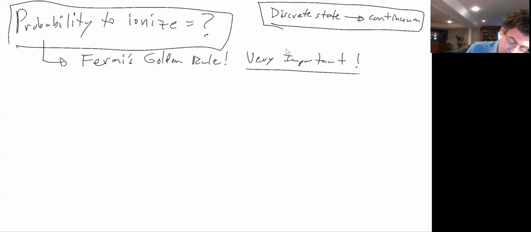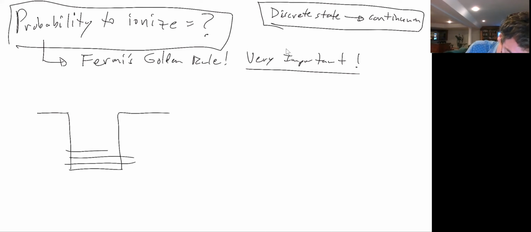And the whole point that makes it really important is that we're down here in that discrete state. Our initial state is down there, K. And we go up and we want to know the probability to get out.